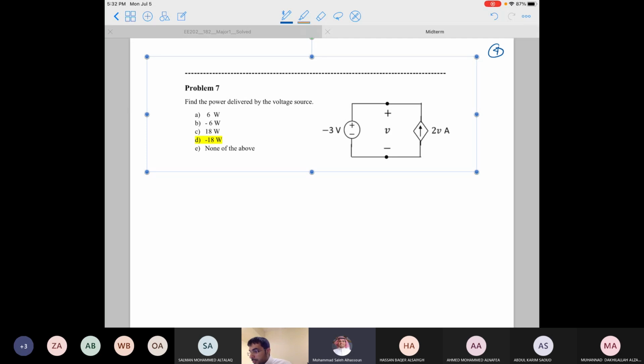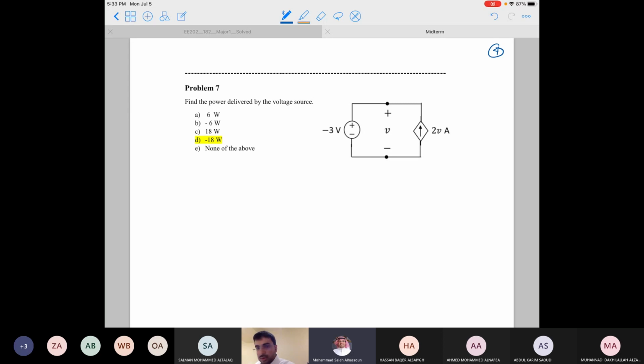Okay, let's try to solve it and see what's going on. This might explain. If you want to find the power generated by the voltage source, I need to find the current of that source.